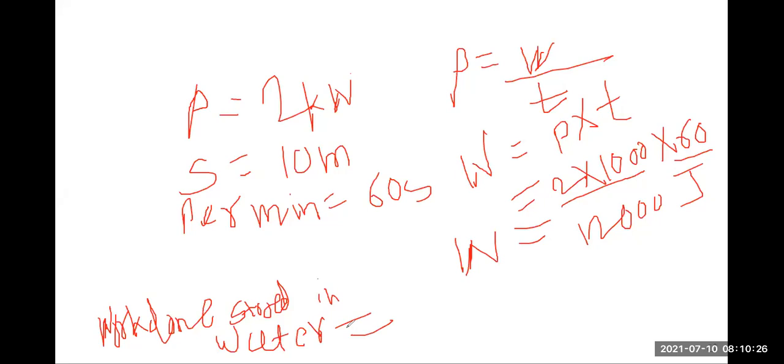Because here we are getting the potential energy. So mgh. So mgh is equal to the total work done, 120,000 joule.